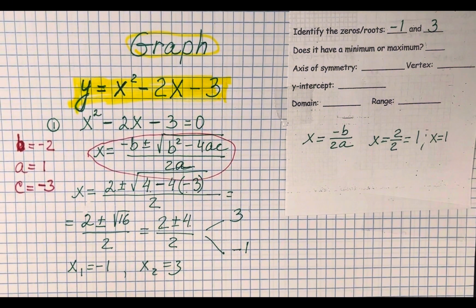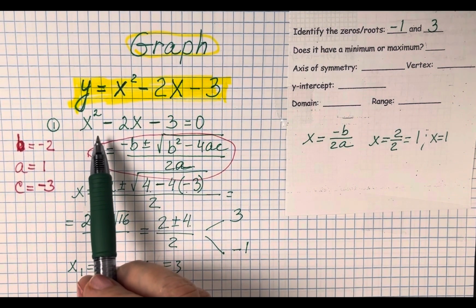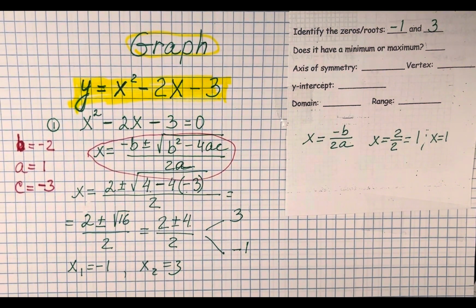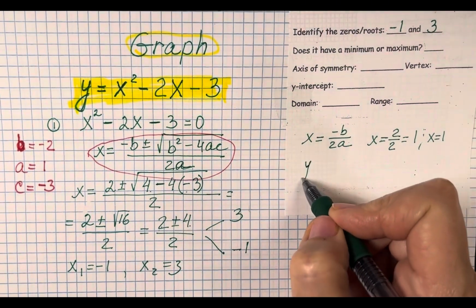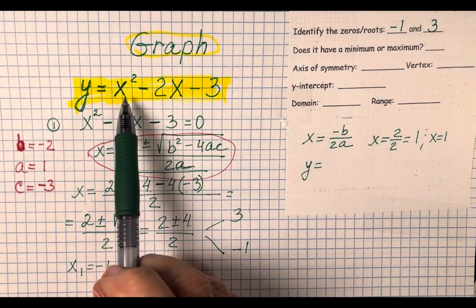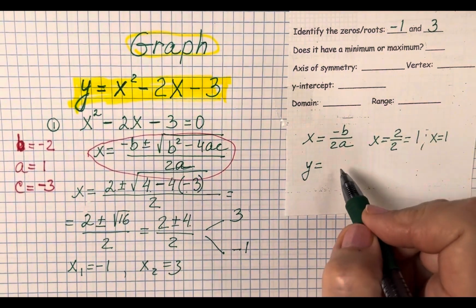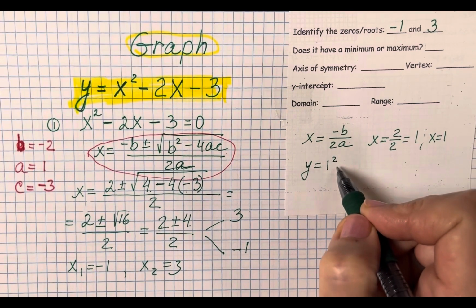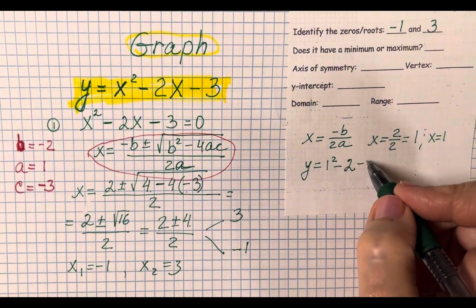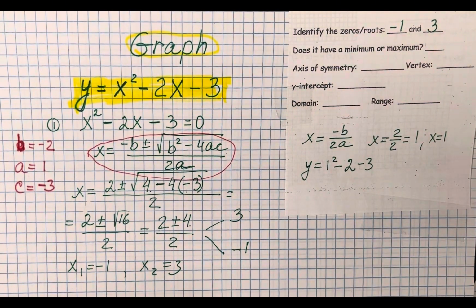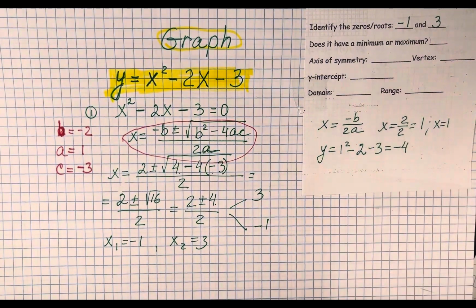To find the y coordinate, we simply plug x equals 1 into the original equation, and we will have 1 squared minus 2 times 1, minus 3, which equals -4.